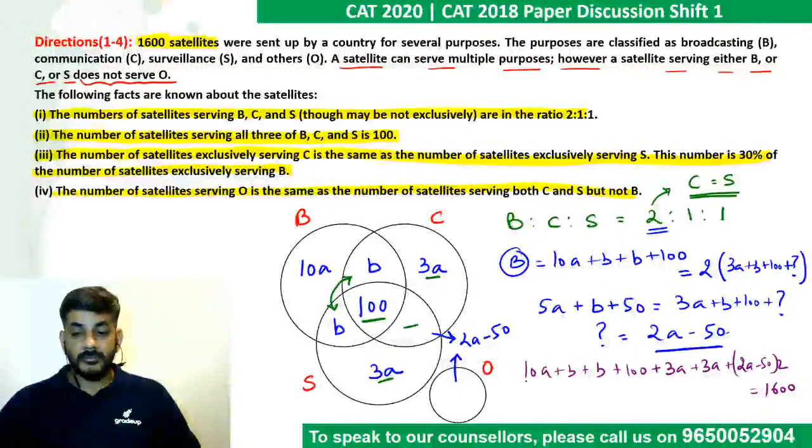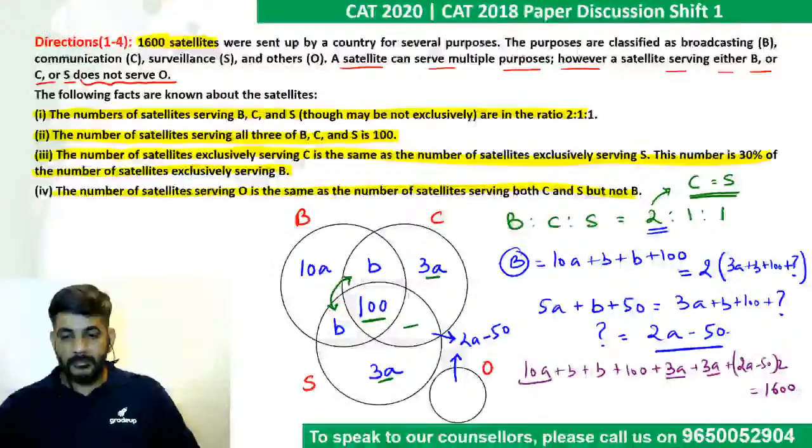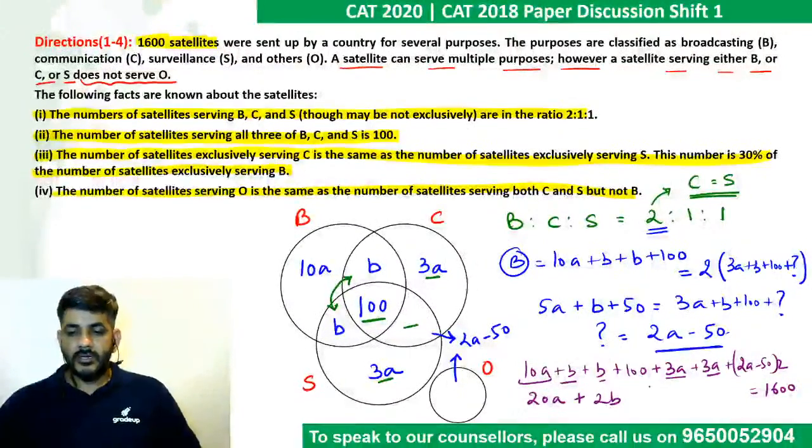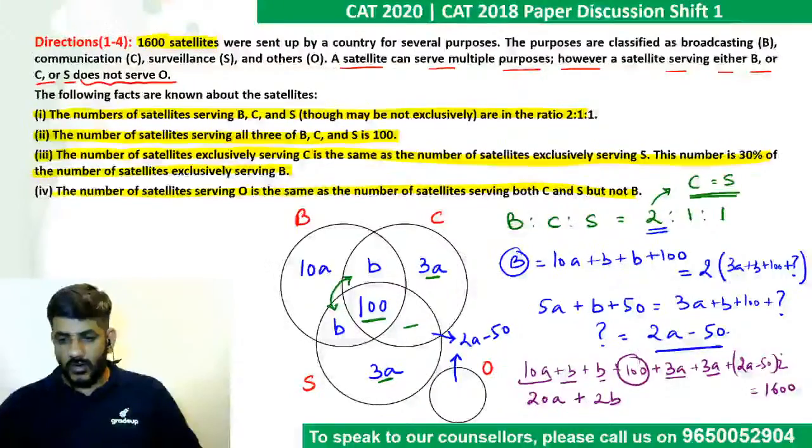So 10A plus 3A plus 3A, that is 16A. 16A plus double of 2A, that is 20A, plus B plus B, that is 2B, plus 100 minus 100. They would cancel out. This whole should be equal to 1600, or we can say 10A plus B is equal to 800.